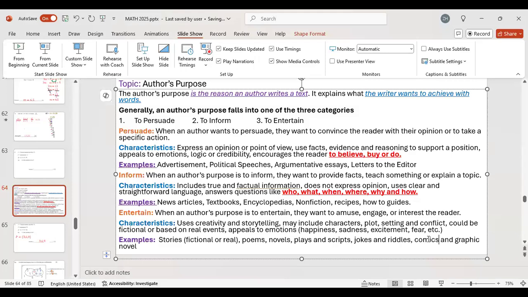All right, so what we're going to do is, you do not have to write down the statements. All I want you to do is write inside the chat whether it's P for persuade, I for inform, E for entertain.